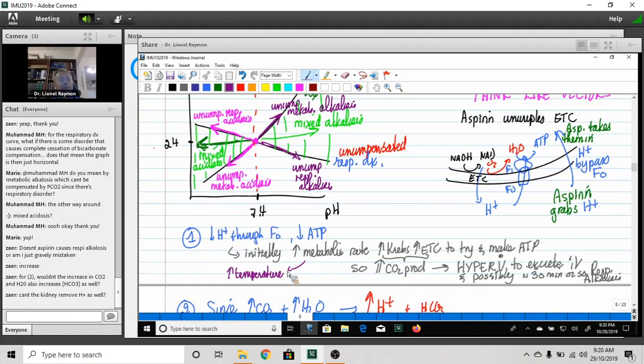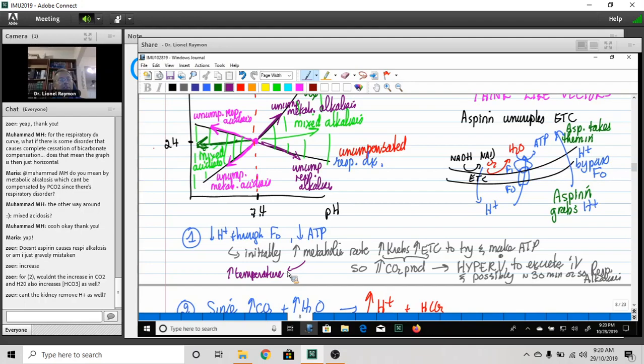And supportive management is going to include, of course, increasing the clearance of aspirin by raising urine pH, giving, of course, IV bicarb for the acidosis, give fluid, and so forth.